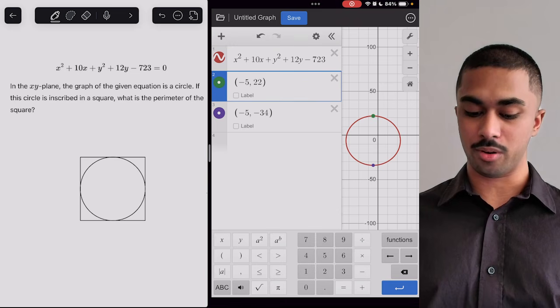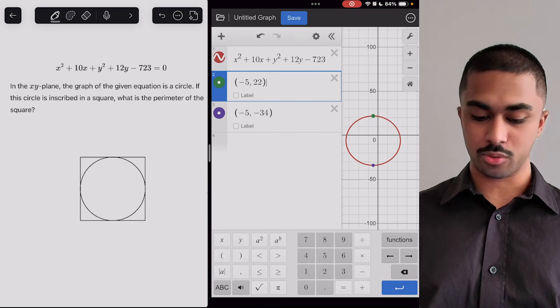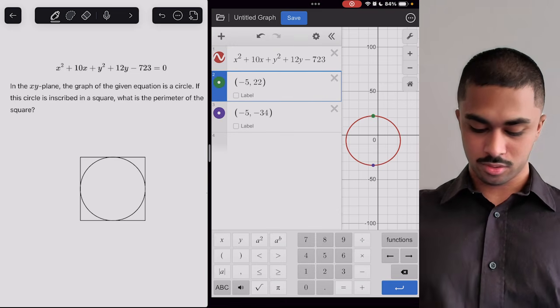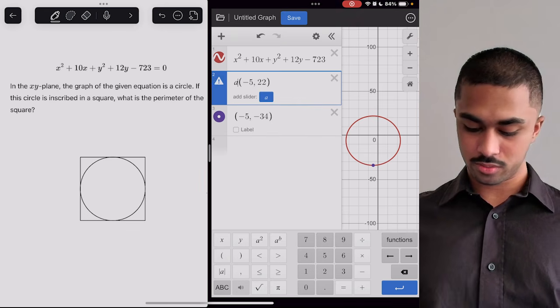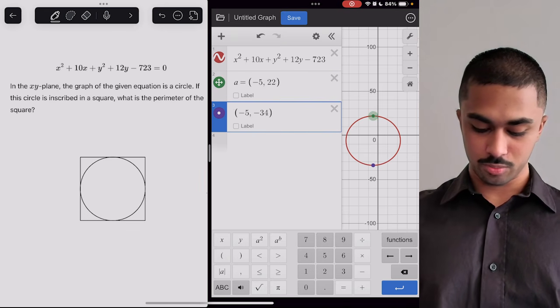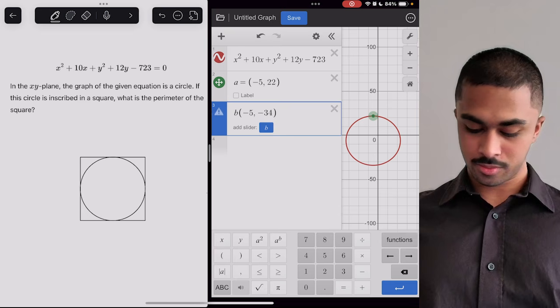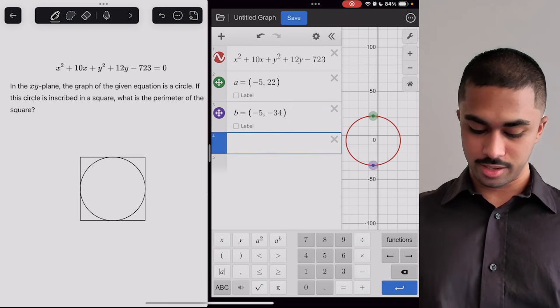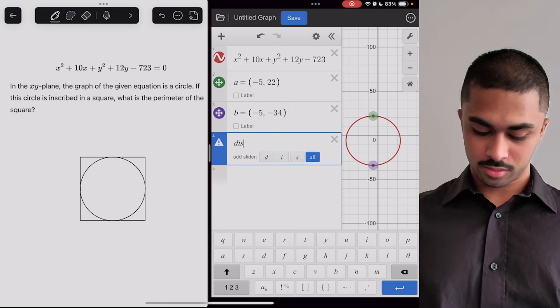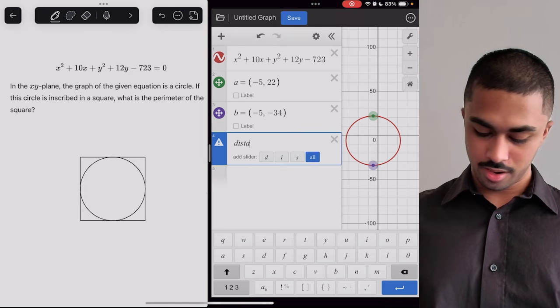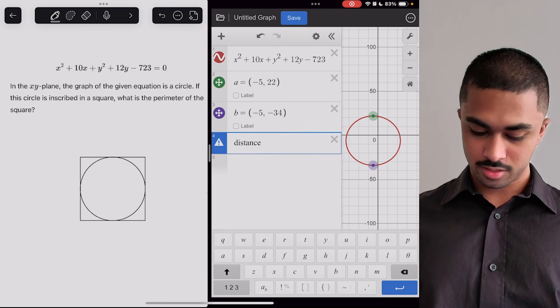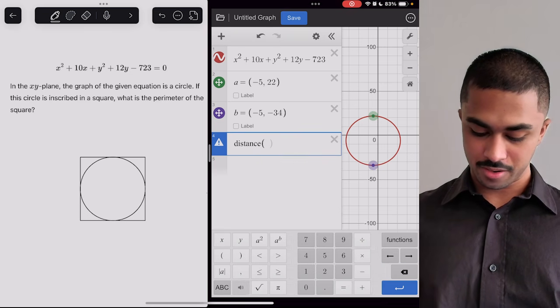So select the top one, select the bottom one, and here's what we're going to do. We're going to do a equals, and then on the bottom, we're going to do b equals, and we're going to do distance, a comma b.